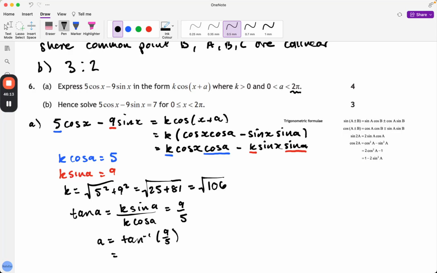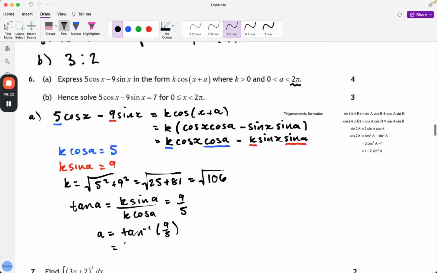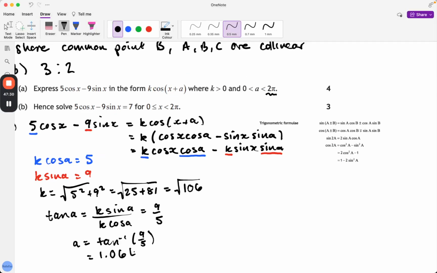So you may have to go to your settings and then go into your angle unit and change it to radians. And then once you've done that, you can go back again and click enter, and that gives us just 1.06 if you round to 2 decimal places. And you can do it a little bit further by popping a 4 there as well.